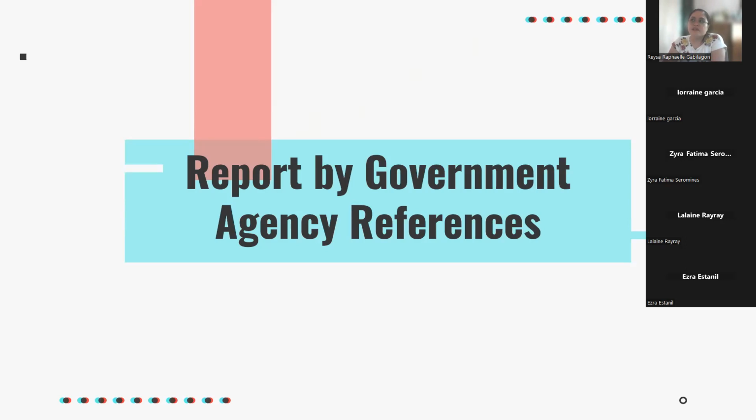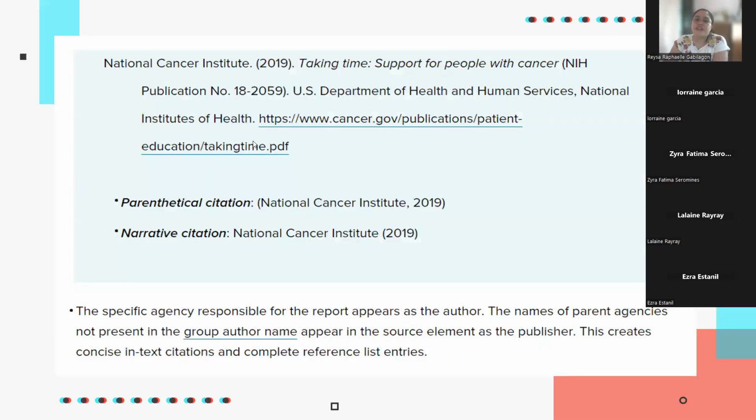For example, sa COVID-19, marami tayong information coming from the Food and Drug Administration, sa Department of Health, sa WHO, World Health Organization. Most of the time, their postings don't have authors. So the name of the organization will be placed here as the author. Example, National Cancer Institute.